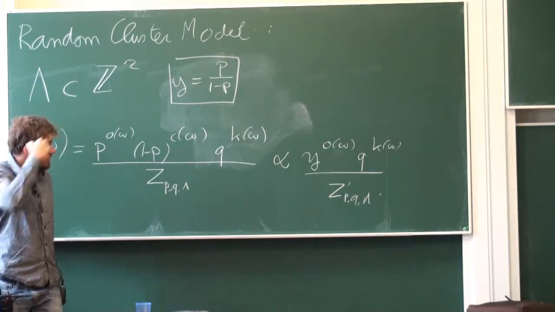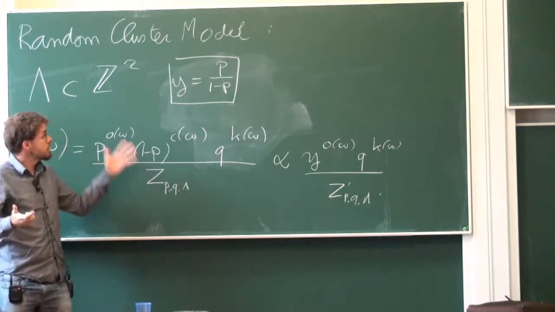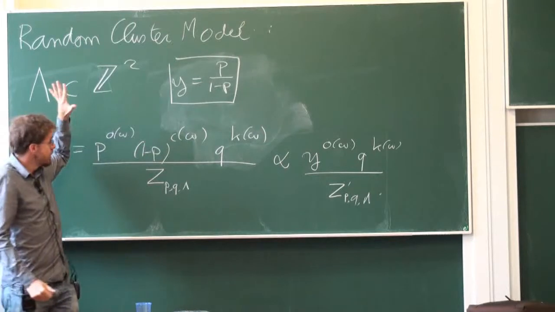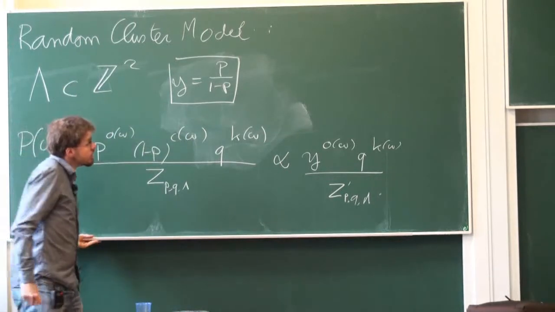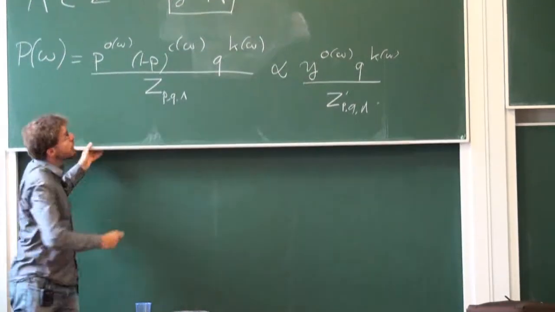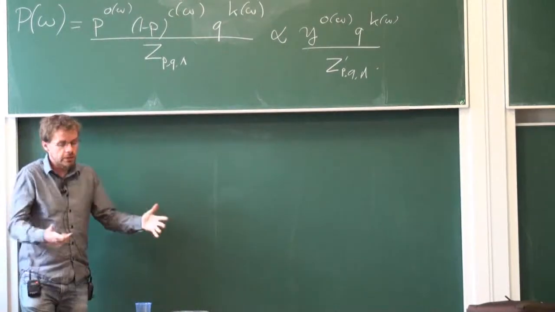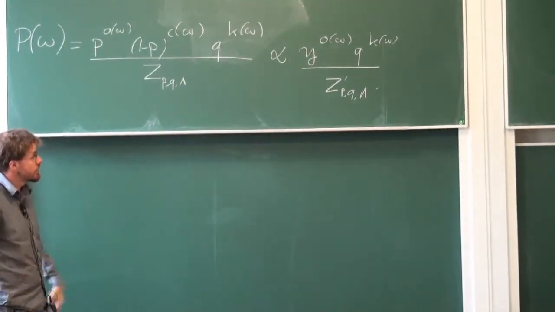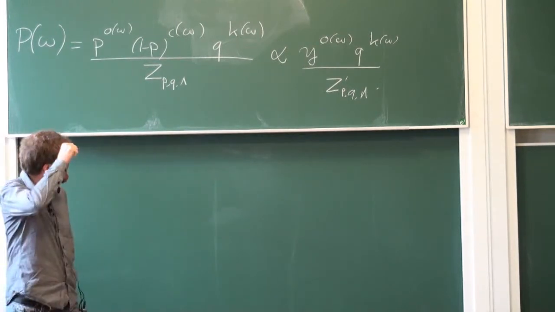So this is the definition of the model, and there is a link between this and the Potts model. If we understand the phase transitions of the random cluster model, we will know all we need to know about the real models which have a physical sense, which are the Potts model and spin models on a lattice.